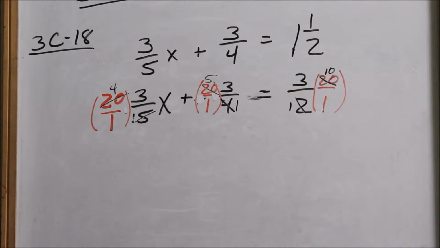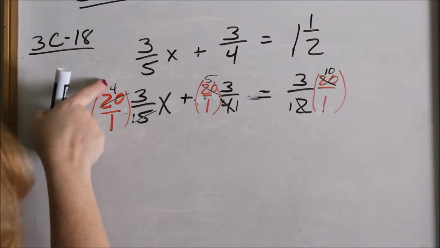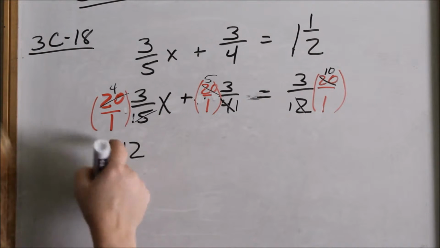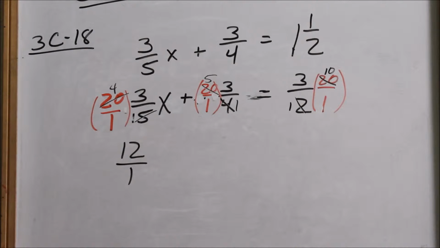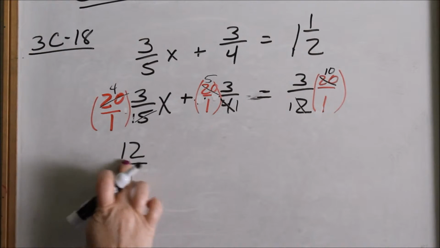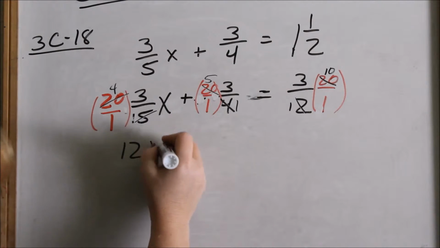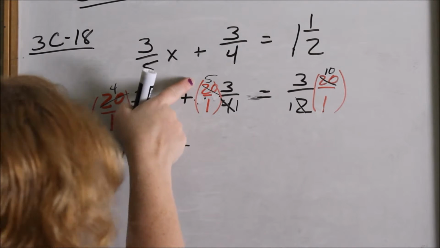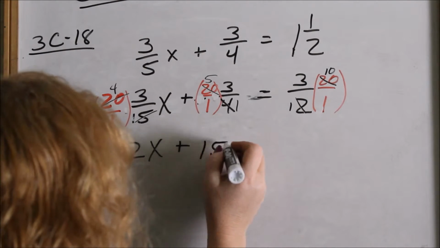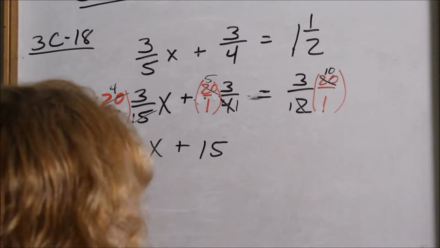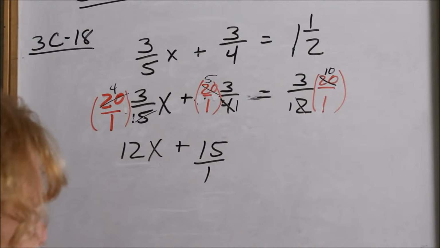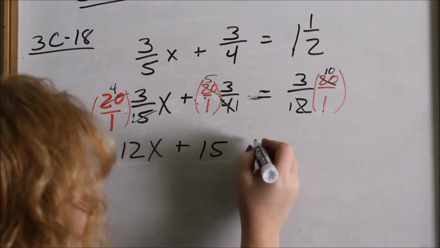Now I can just multiply my fractions. Basically here I have my numerator times my numerator, that would be a 12. And 1 times 1 is 1, but I don't have to write it over 1. So I can just write it as 12, and then I still have my x, plus, multiplying your fractions, 5 times 3 is 15, and then 1 times 1 is 1, but I don't have to write 15 over 1, because 15 divided by 1 is 15.